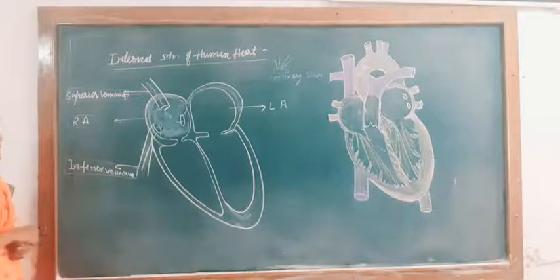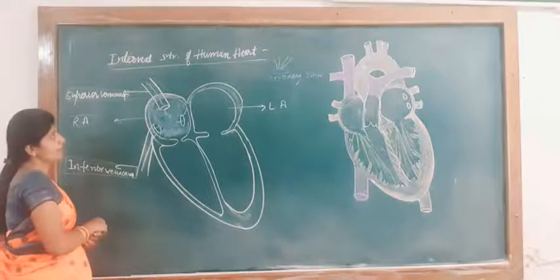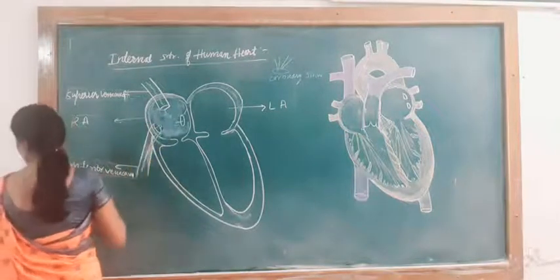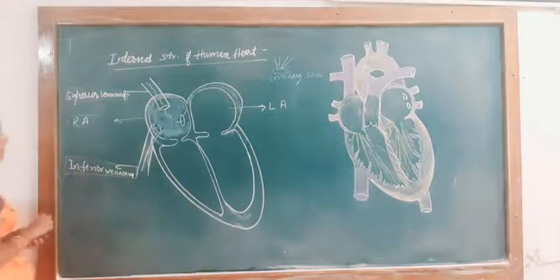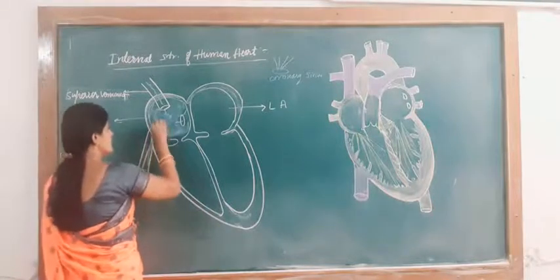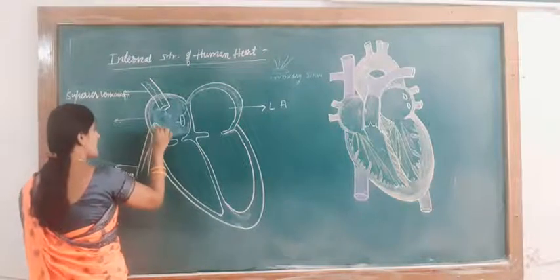The deoxygenated blood enters into this. These openings are guarded by valves. The inferior vena cava opening is guarded by a valve.